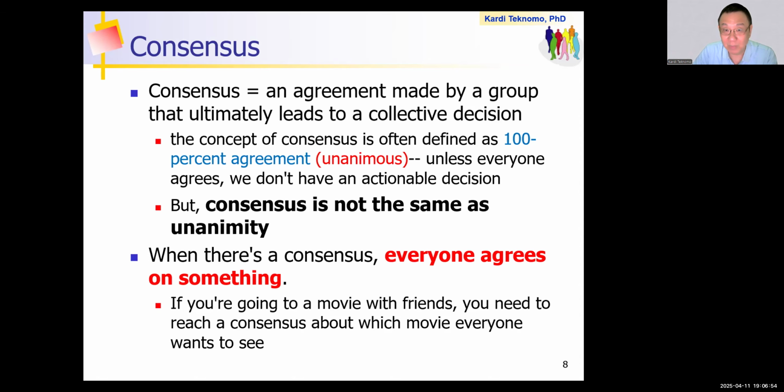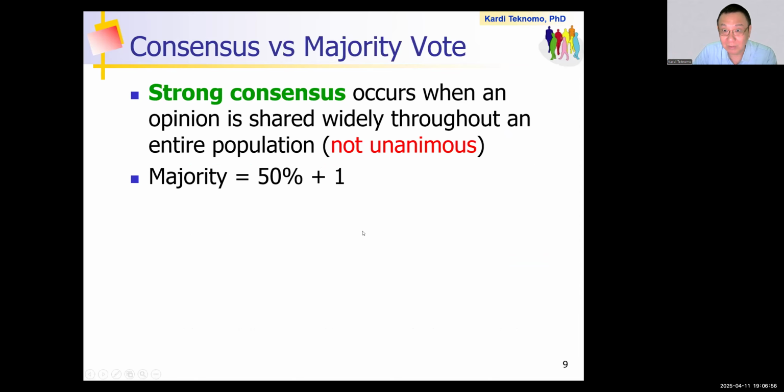What is the meaning of majority? Majority is basically just 50% plus 1. We say strong consensus occurs when the opinion is widely shared throughout the entire population. So remember, no need to reach unanimity.